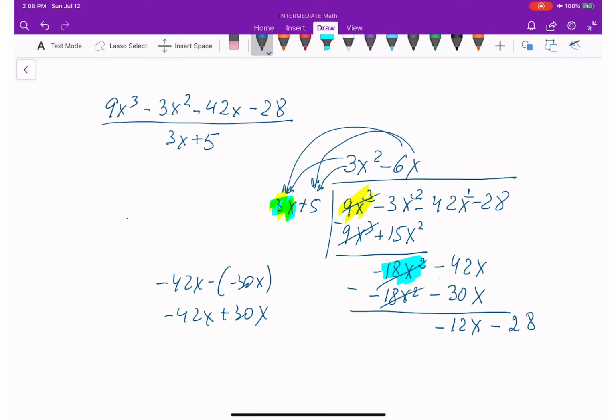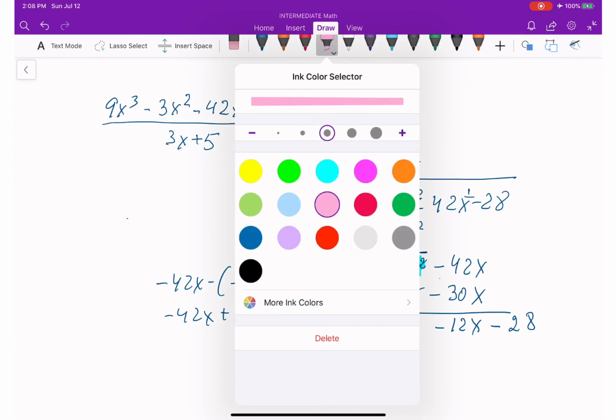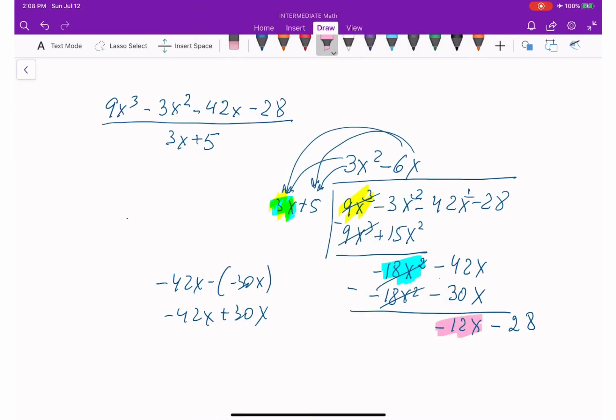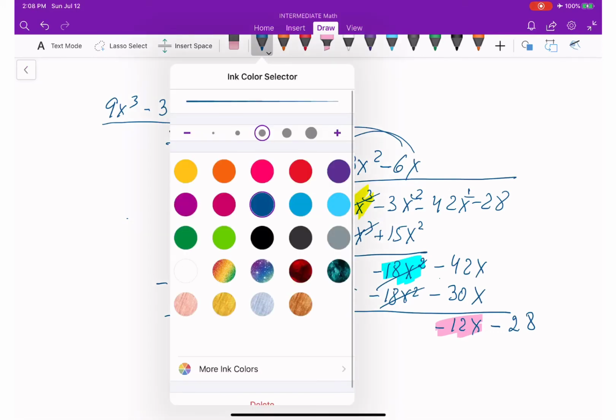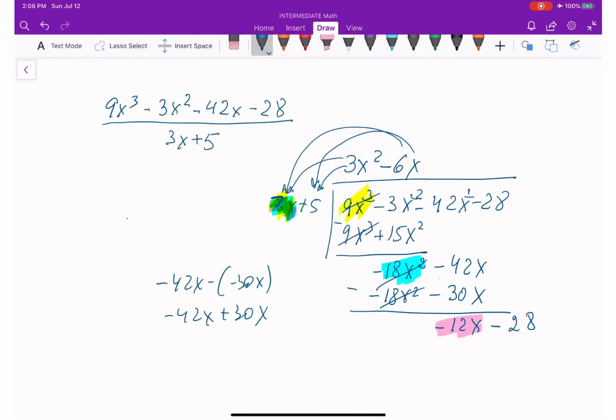Okay, now negative 12x divided by 3x, right? How many times is it going to be? 3x is not visible anymore. There we go.